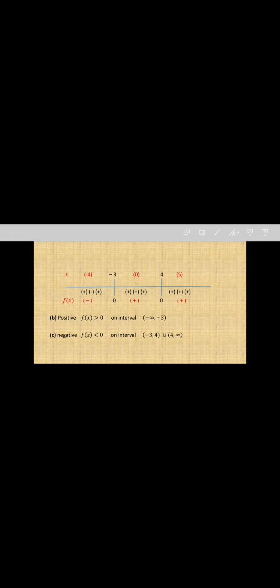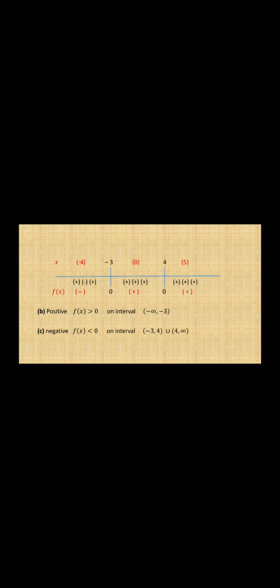Let's correct this: it is positive from -3 to 4, union from 4 to infinity, and it's negative from negative infinity to -3. That's right. Here negative, positive, and here positive. It's okay?